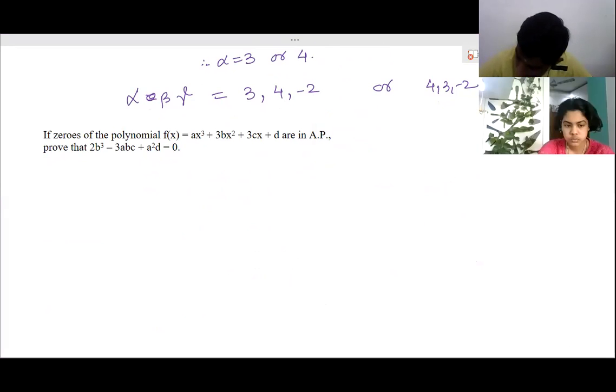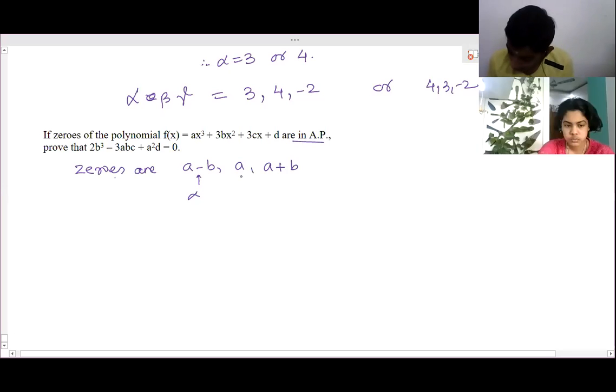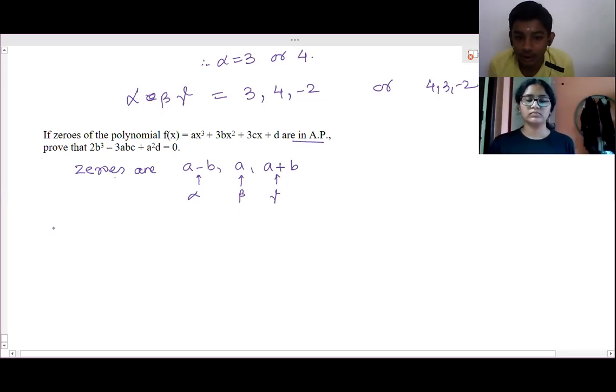We can do this by factor theorem, like alpha plus beta plus gamma is minus b by a. So first, zeros are in AP. So zeros are a minus b, a and a plus b. So this is alpha, this is beta, and this one is gamma. And the sum of the zeros you have taken.